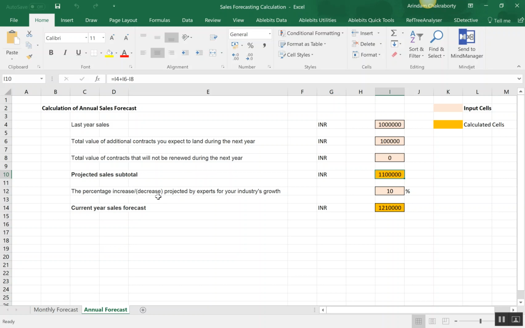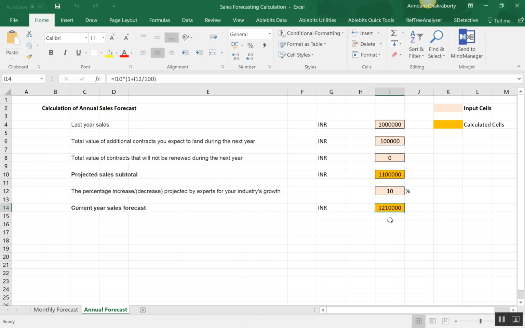Now the percentage increase or decrease projected by experts for the industry's growth is say 10%. We keep on seeing that in the industry, roughly the growth would be around 10%, 5%, 8%. So we take over here roughly 10% as the industry growth. Then the current year sales forecast that should ideally be generated is 10% of this 11 lakhs, right?